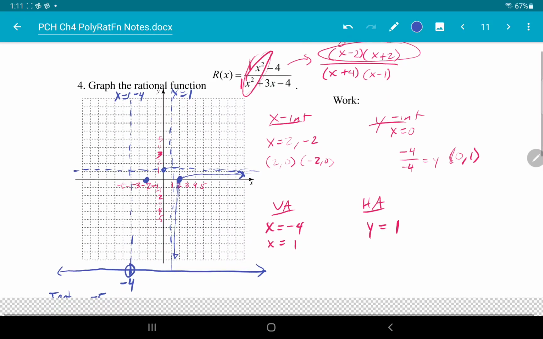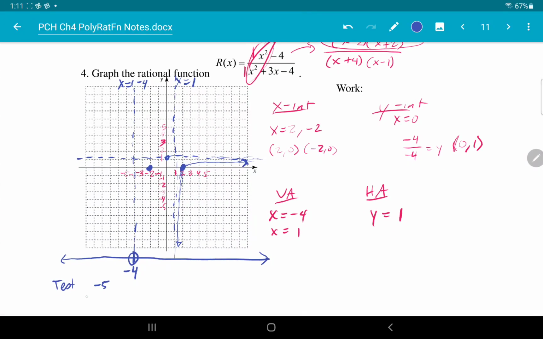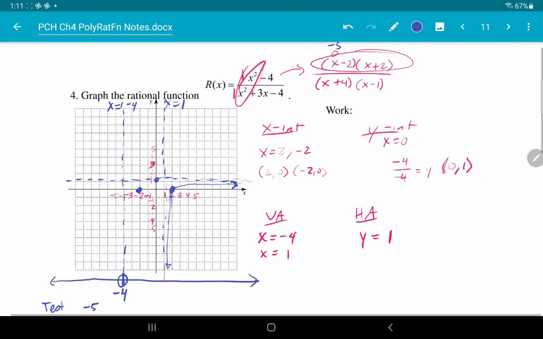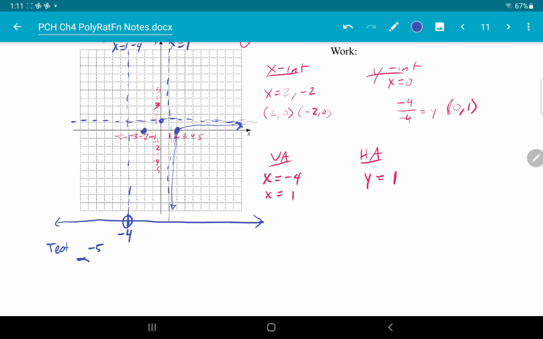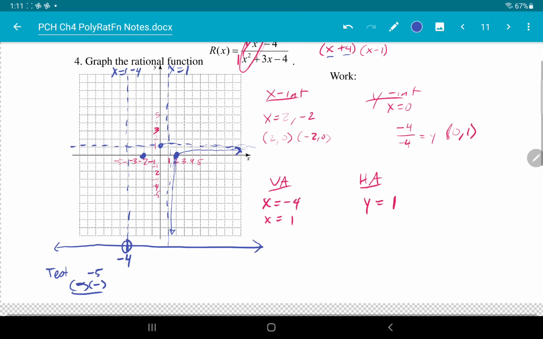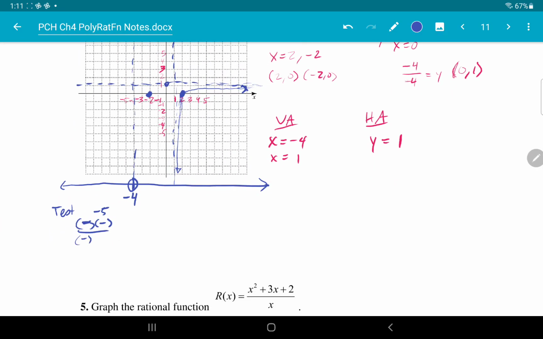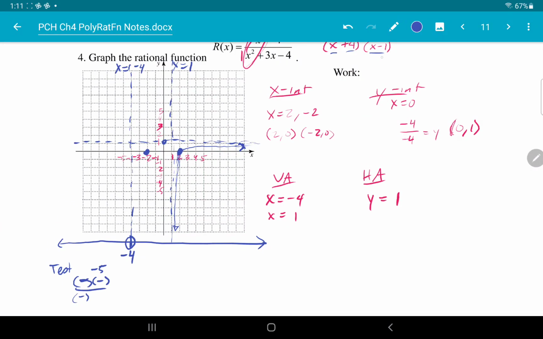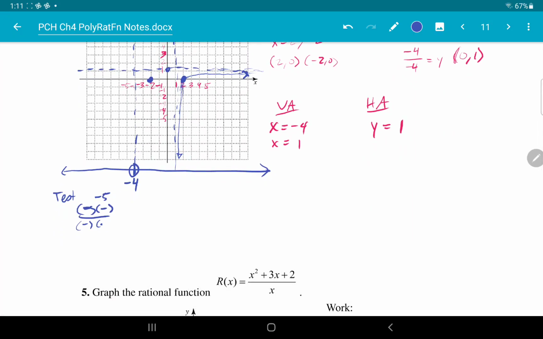So we'll have a negative value times negative 5 plus 2. That'll give us a negative value. And then on the bottom, we'll have negative 5 plus 4. That'll give us a negative value. And then negative 5 minus 1. That'll also give us a negative value. So altogether, negative, negative, negative, negative. Altogether, this area is going to be a positive value.